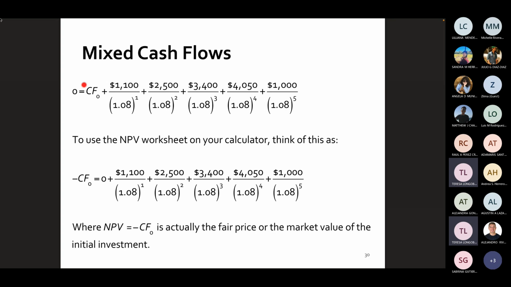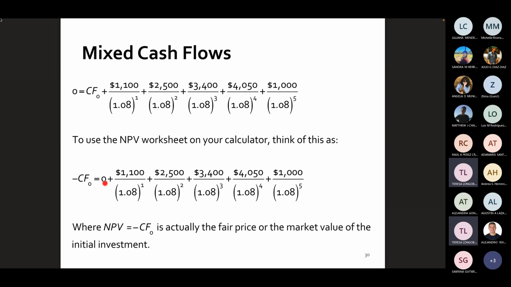And to be fair, whatever we make should just offset what we invested. So this could be 0. By doing that, we can rearrange this, and now we have a value for our initial investment in our NPV formula, to put into the NPV worksheet on the calculator.